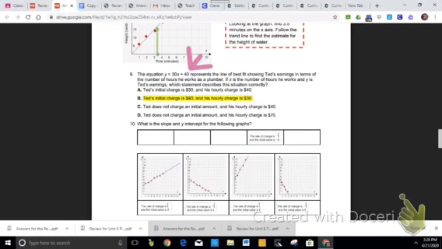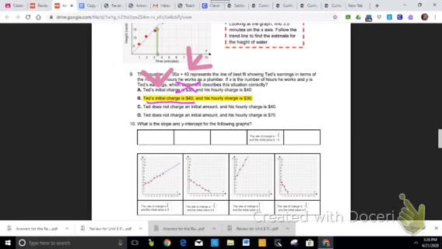So, we need to go to our answer choices, and our initial charge, which would be our B, needs to be 40. In A, it says the initial charge is 30. That would be incorrect. In B, it says that Ted's initial charge is 40. That's correct.